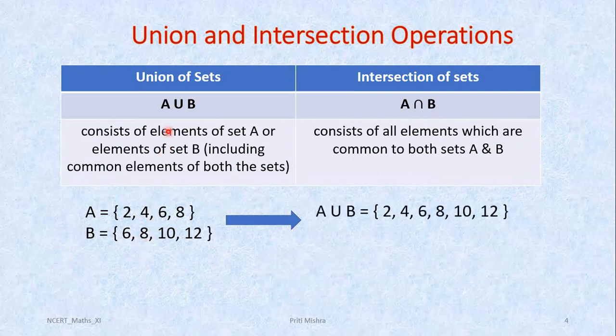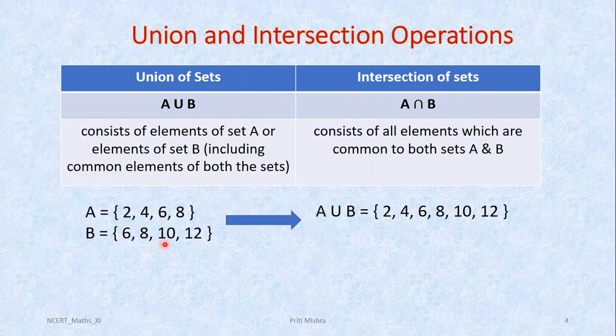So A union B, what I explained to you, we have to write here elements of set A or elements of set B, including the common elements. So I am writing here elements of set A: 2, 4, 6, 8. Common elements are 6 and 8. We have already written here 6 and 8, which are common, as I have written here set A. Now here elements of set B should also be here.